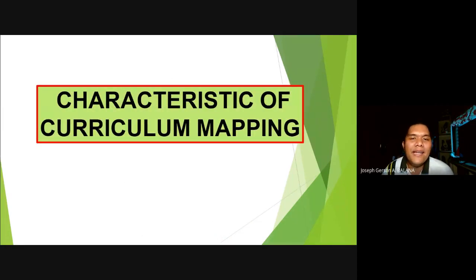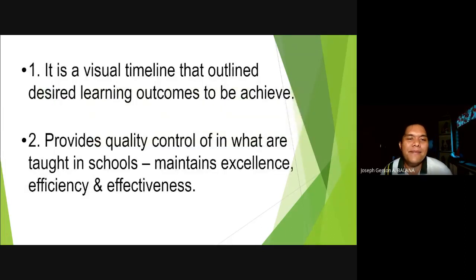So after we make a simple matrix, of course, we will notice that the curriculum map will produce a visual timeline. It's like a graphic organizer that outlines the outcomes to be achieved. Thus, it provides quality control and, in effect, it maintains excellence, efficiency, and effectiveness.